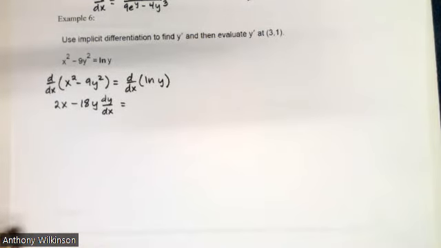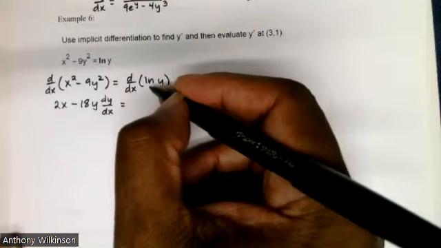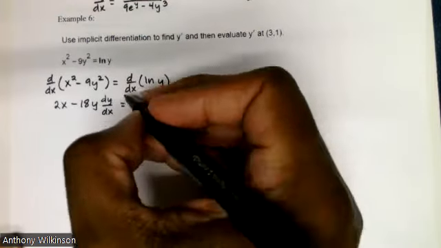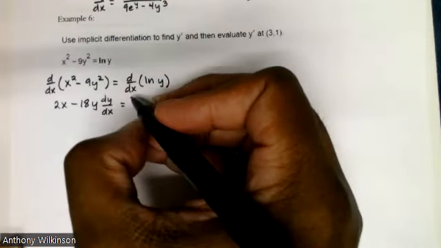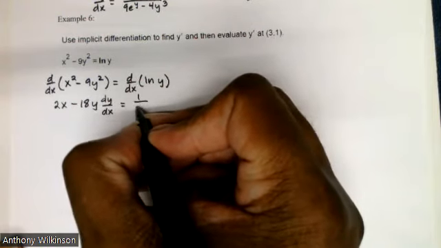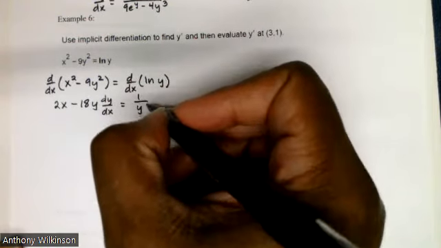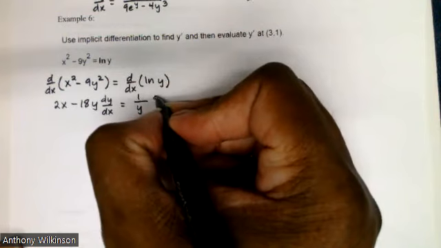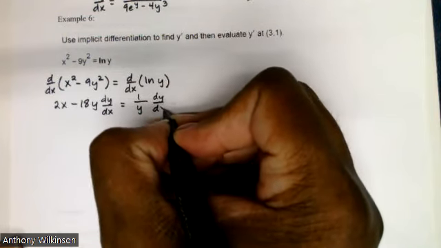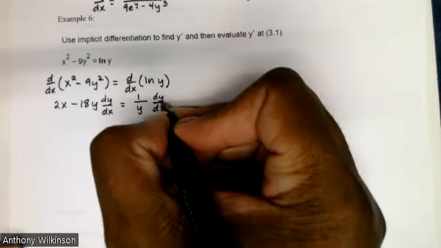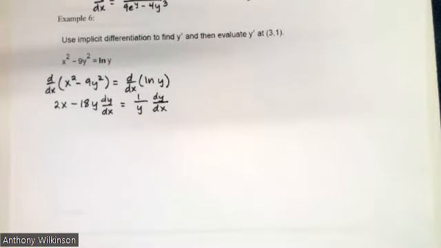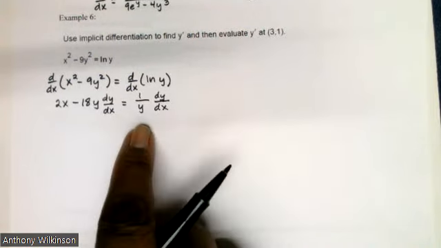Then that's equal to the derivative of ln of y. That's one of the derivatives of a natural log function. That's just going to be 1 over the y. But again, since y is a function of x, I need to include dy dx. All right, now notice I got the y in the denominator.